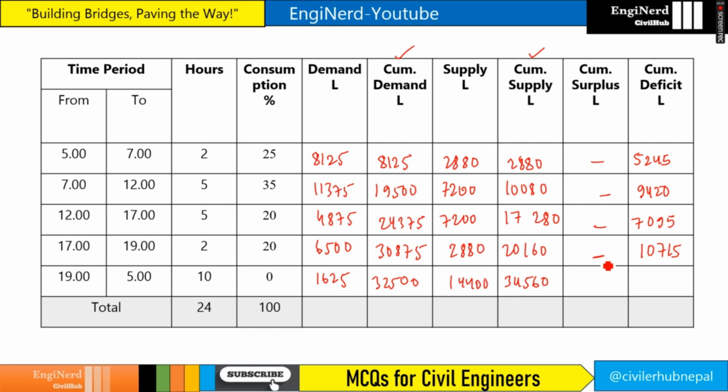In the last one, cumulative supply is greater, so it will be in the surplus part, 34560 minus 32500. So it will be 2060.